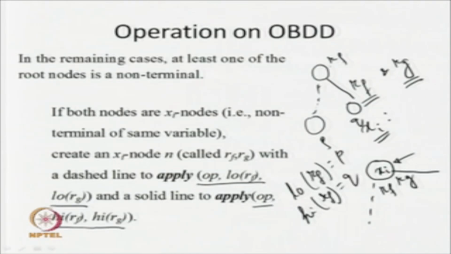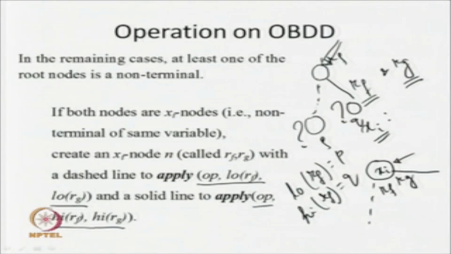That means, now when I am going to perform the operation on this particular RF and RG, next time what will happen? By looking into the evaluation, we have to take a decision on these two nodes P and Q. That is why we are applying op of LO RF, LO RG, and in the solid line we apply op of HI RF, HI RG.